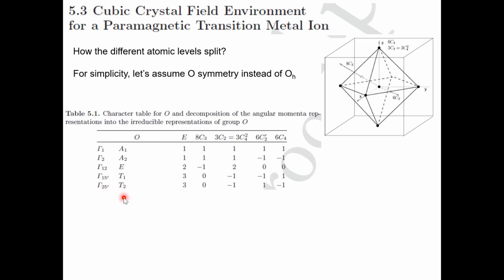This is the one we have been using so far, the molecular notation, more common in chemistry, in which most of the time we see letters A or B for 1D representations, letter E for 2D, and letter T for 3D representations.